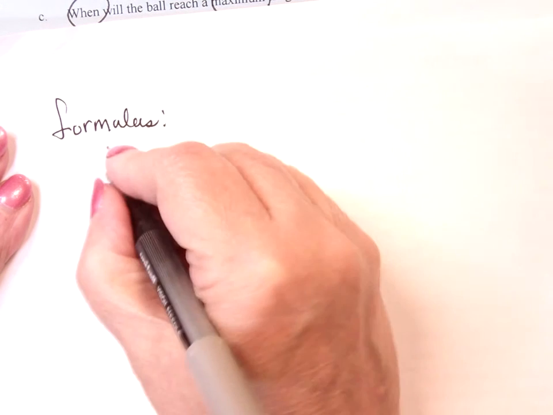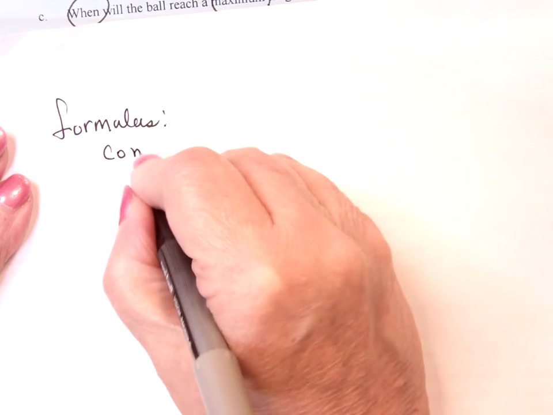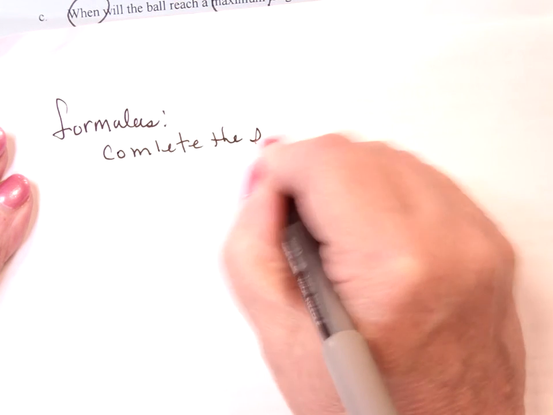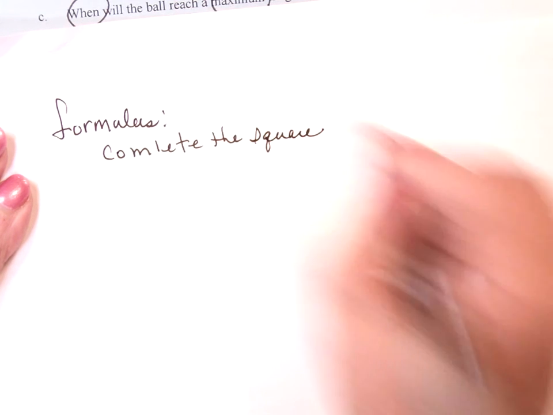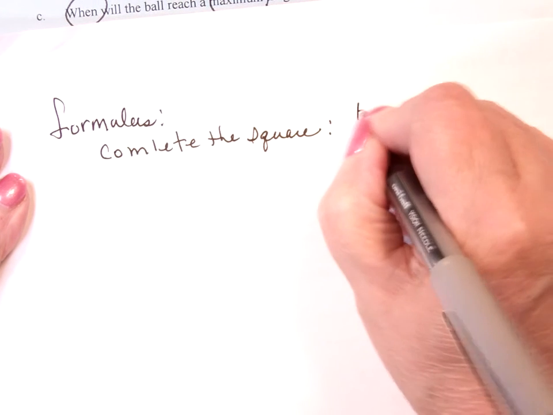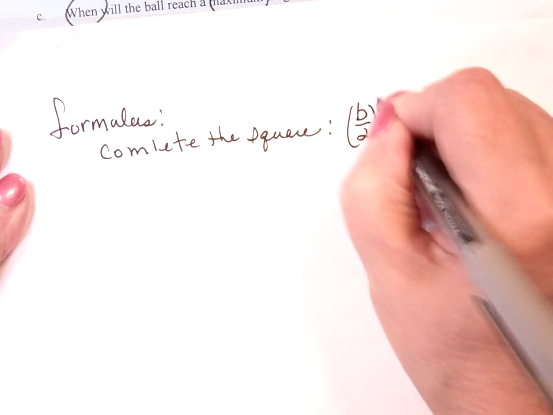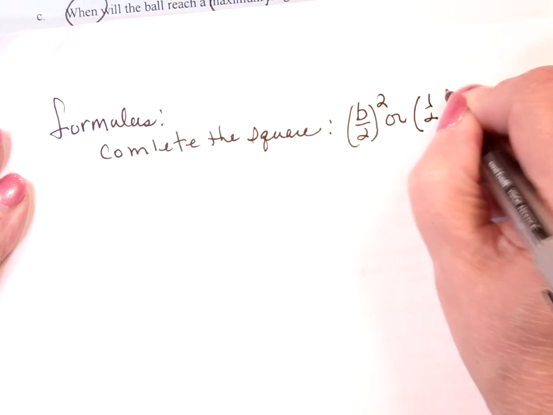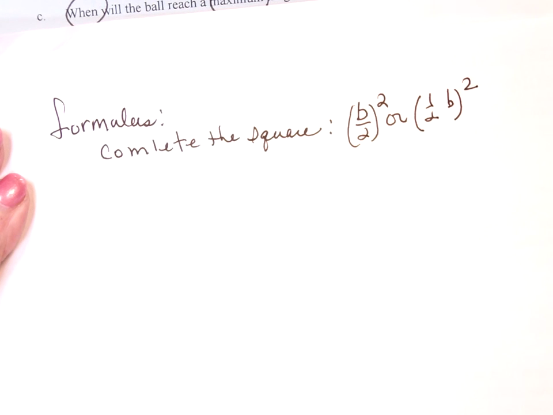And at 9.2, we completed the square. In complete the square, if you remember, it was b over 2 squared, or 1/2 b squared if you had a fraction. That's one formula you're going to need to know, because there's going to be a problem where you're going to have to complete the square.